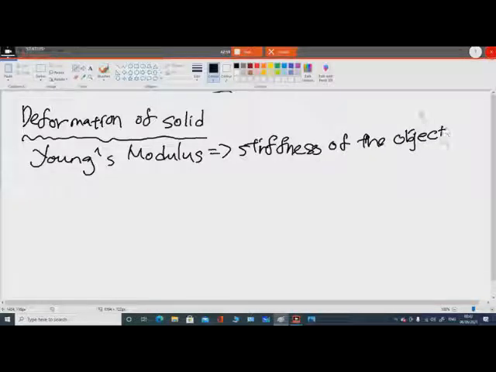Okay, so as we can see from the stress strain graph. Let's say I have a stress strain graph, and let me take an example of copper.